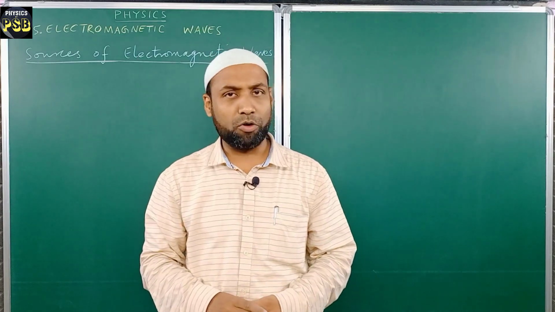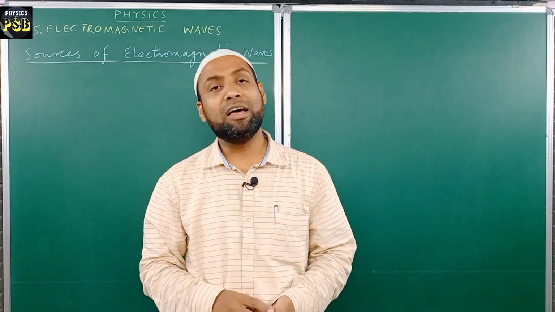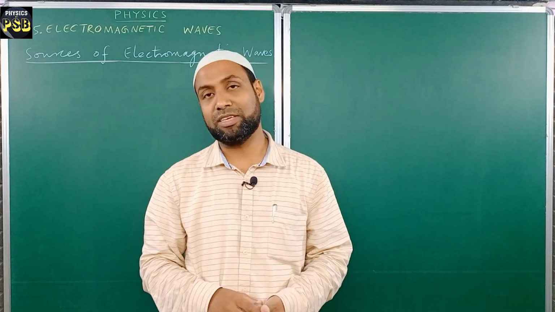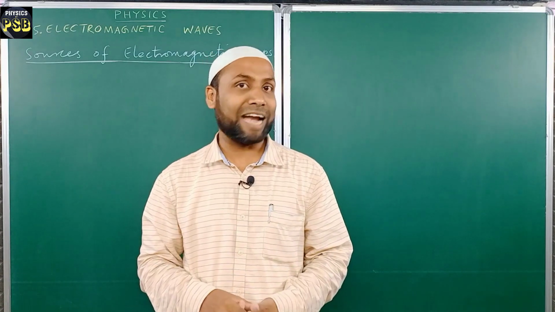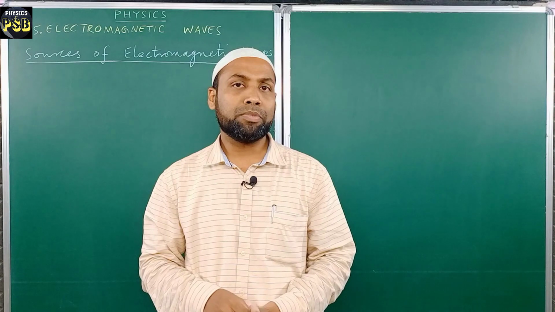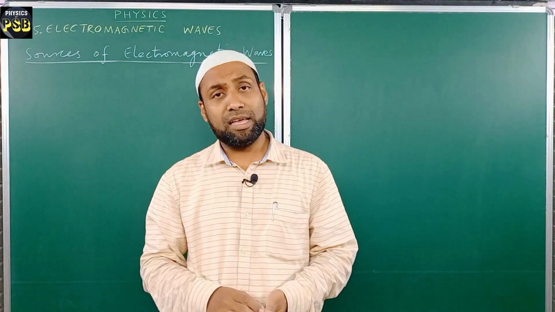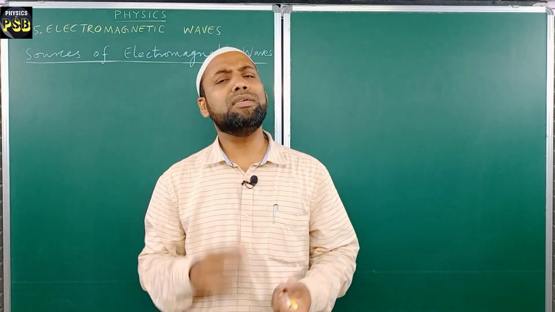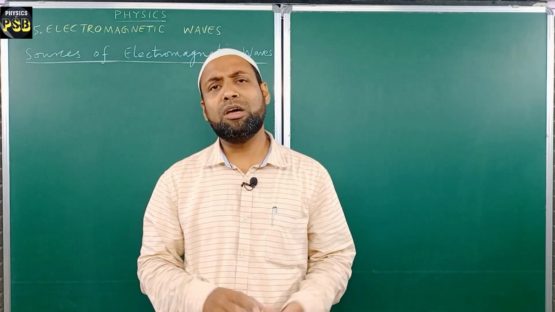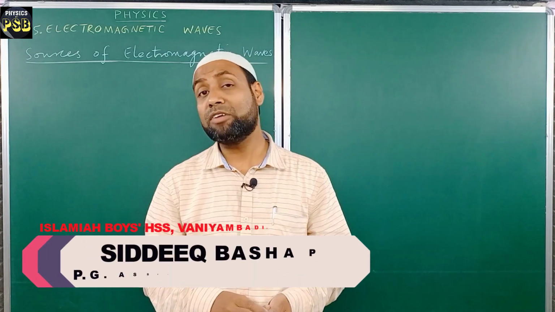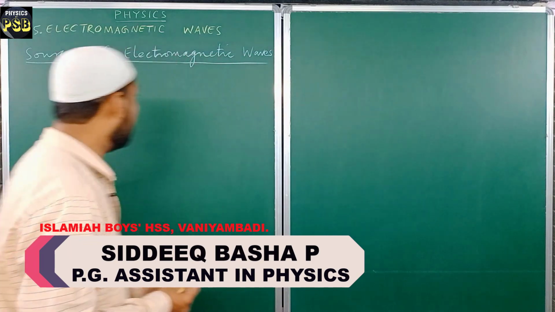We know a charge produces an electric field around it. This we have studied in the first chapter of 12th physics, that is, in electrostatics. When a charge exists, whether it is a positive charge or a negative charge, both have an electric field around it. And this electric field appears something like this.